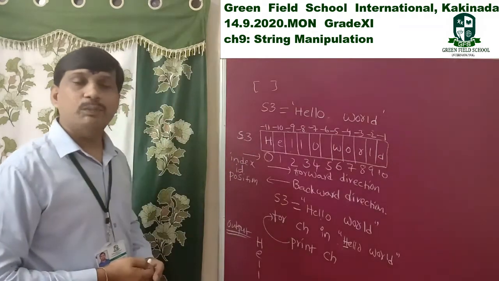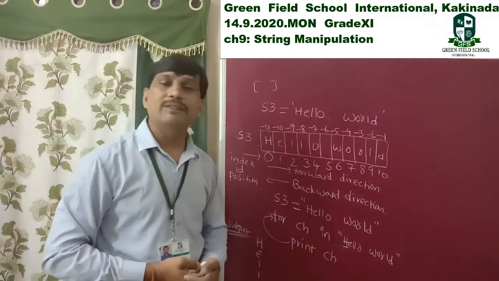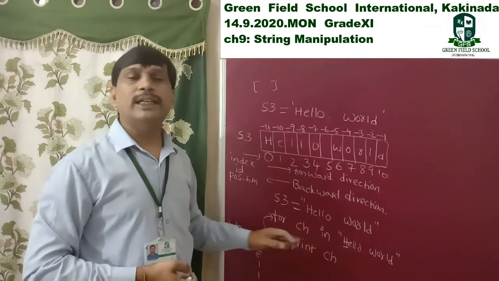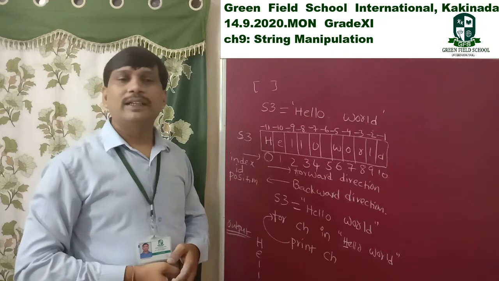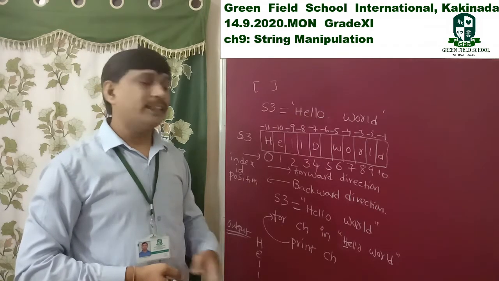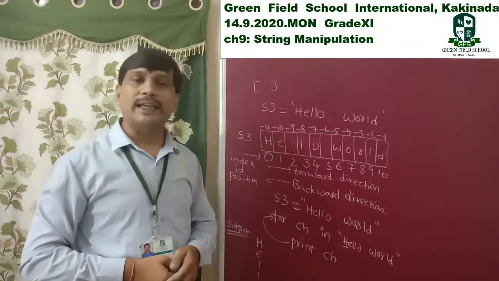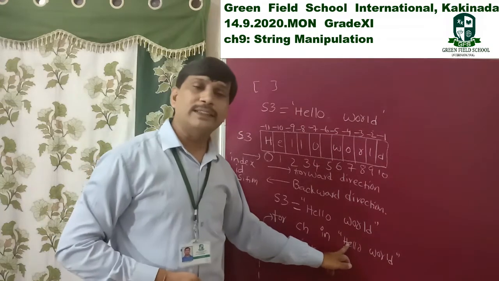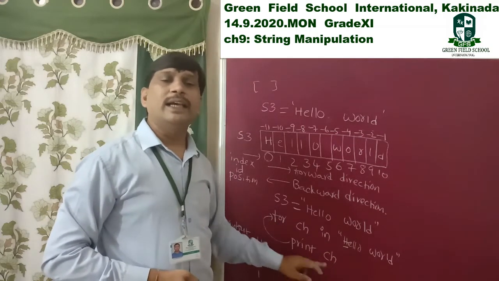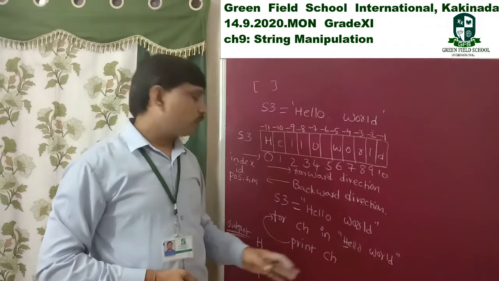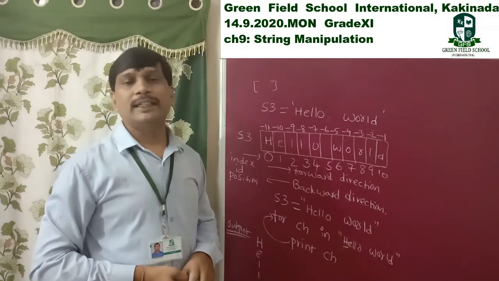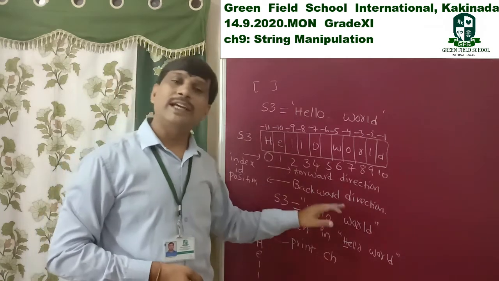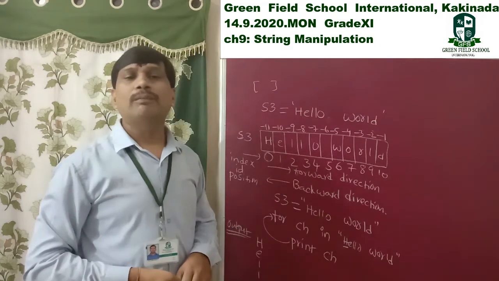Like that it displays each and every character of the string by using this for loop. Iteratively we print one character at a time. So this is the concept of strings related to memory organization by using forward direction and backward direction.